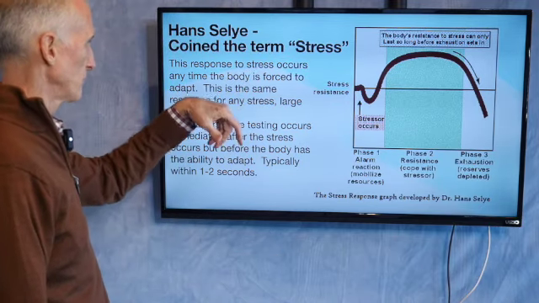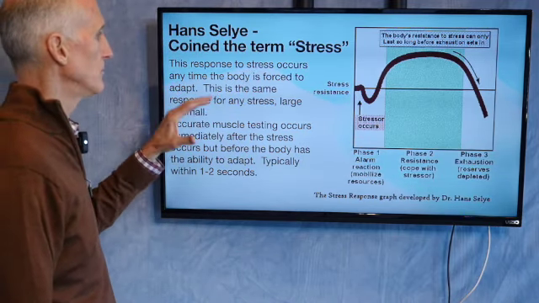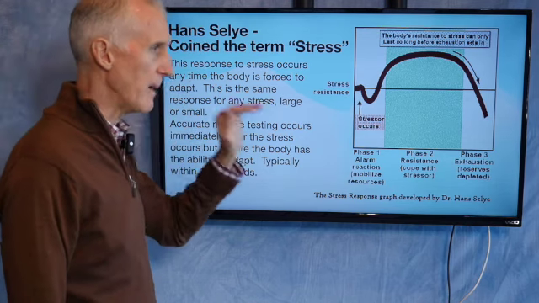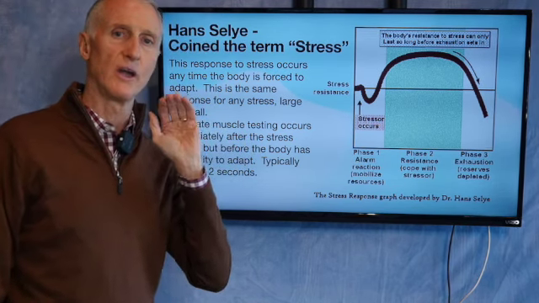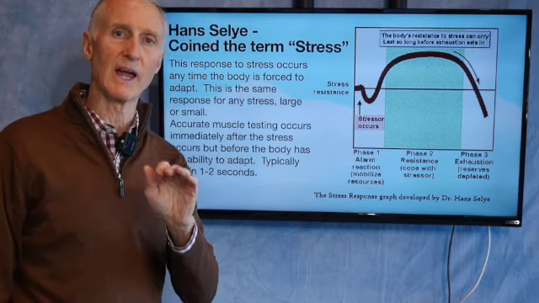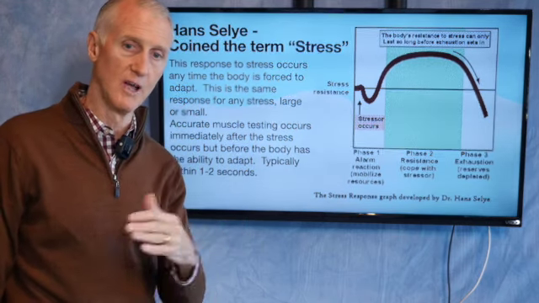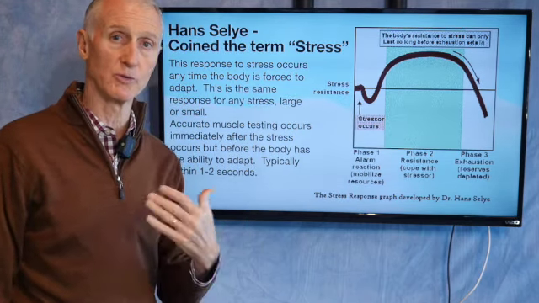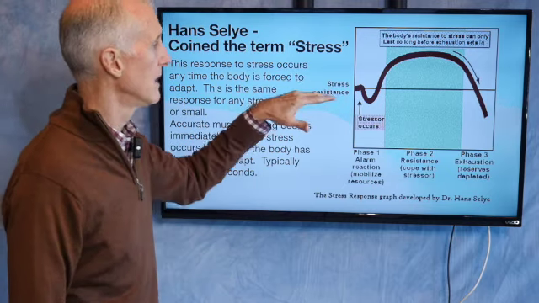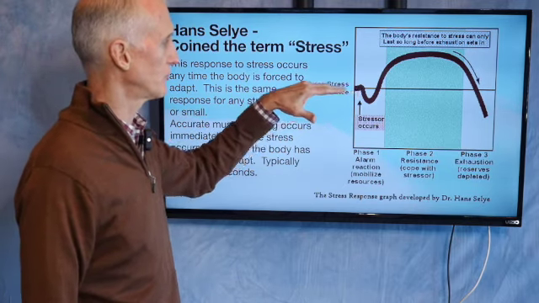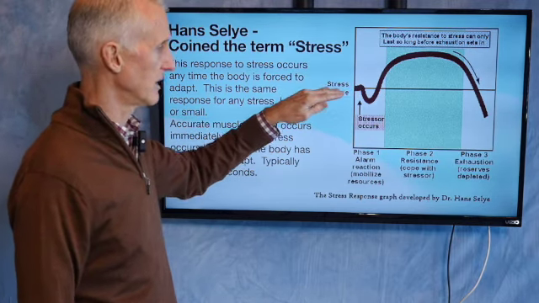He coined the term stress, and he found that the body responds to stress in almost exactly the same way, no matter how big the stress is, how small the stress is, no matter what the stress is. First, there's some kind of stress that is imposed upon the body.